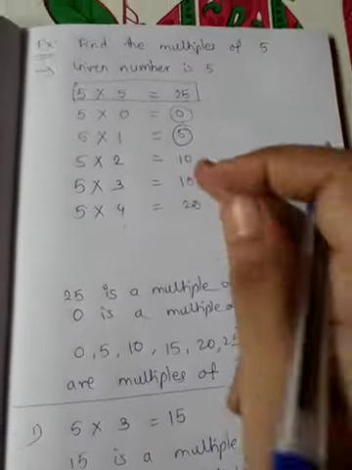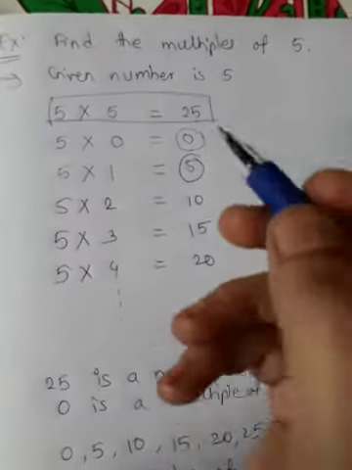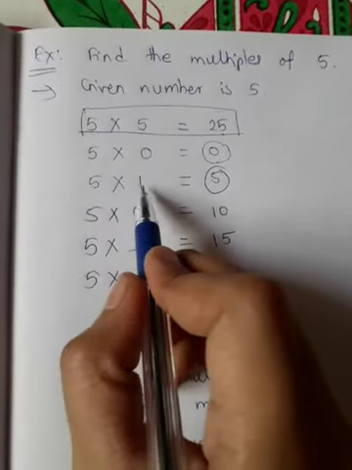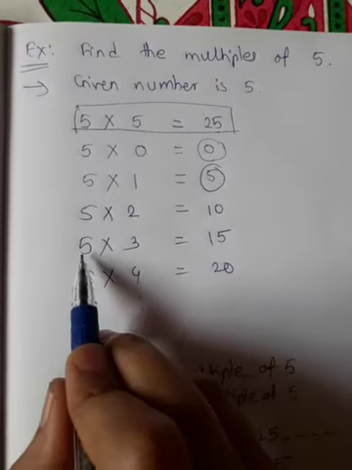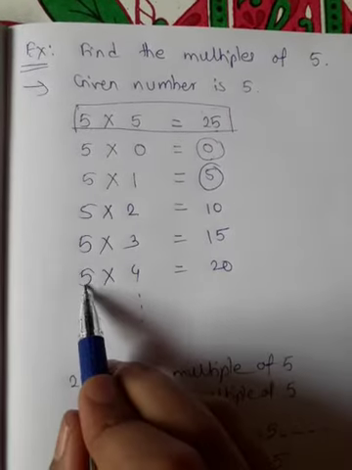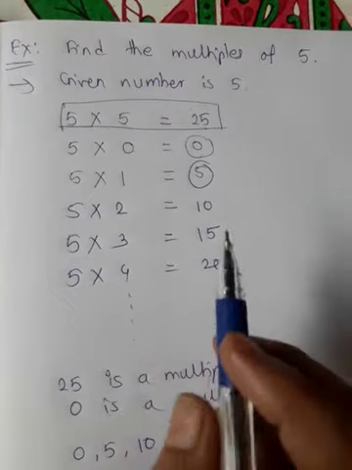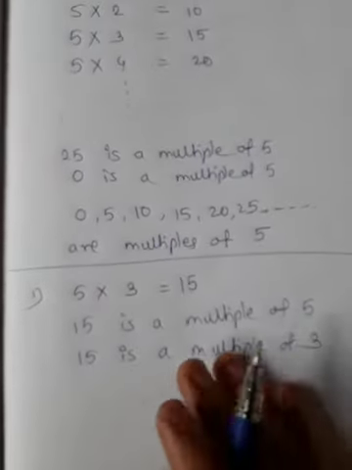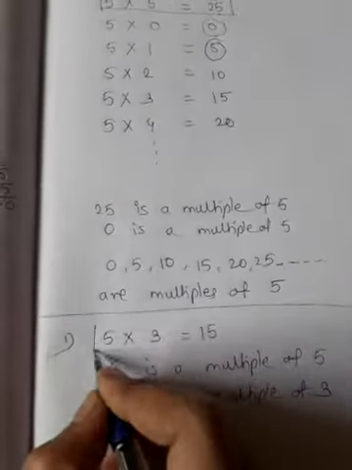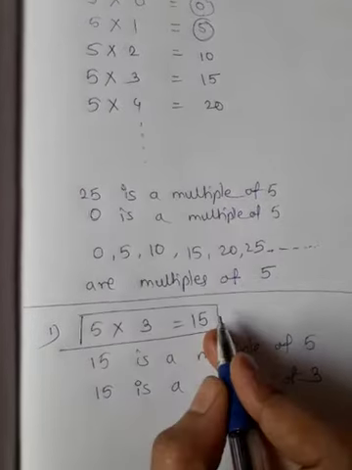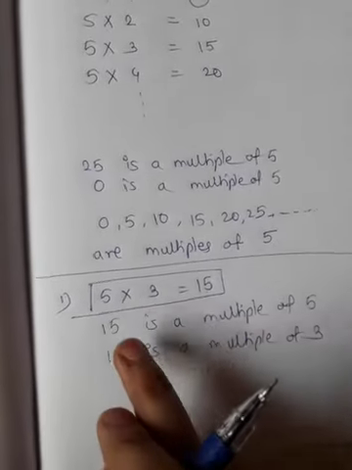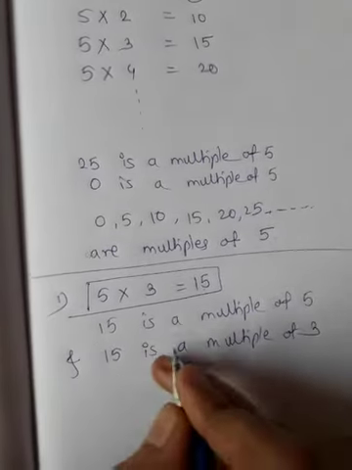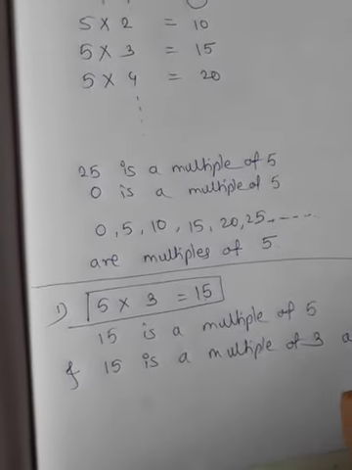From this we can also say that 5 is a multiple of 5 and 1, 10 is a multiple of 5 and 2, 15 is a multiple of 5 and 3, 20 is a multiple of 5 and 4. So if we have any multiplicative statement, then we can say that 15 is a multiple of 5 and 15 is a multiple of 3 also.